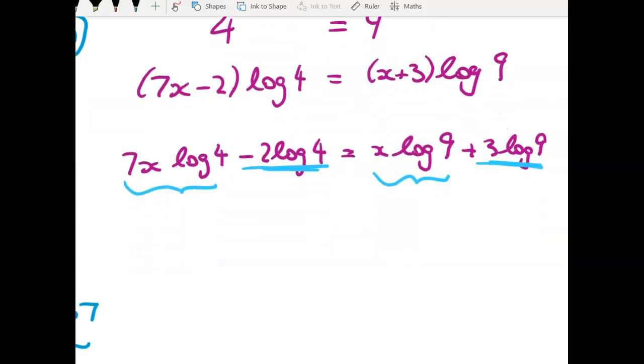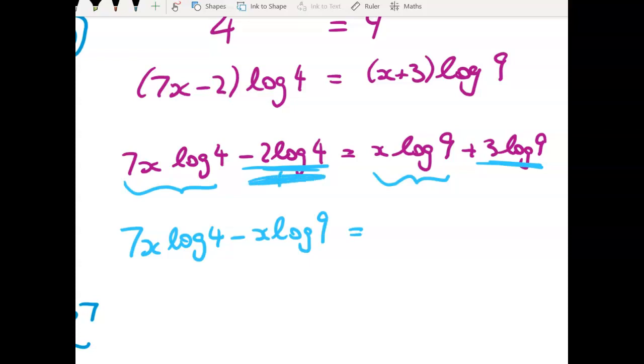So we want to isolate all the stuff with x's on the left-hand side. 7x log 4 minus x log 9. And now we're going to add this to both sides. So we have is equal to 3 log 9 plus 2 log 4.